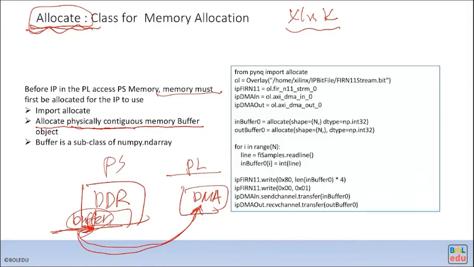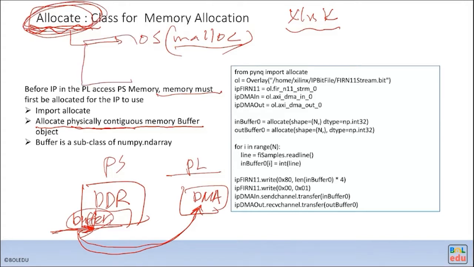That's why allocate cannot simply call the OS memory allocate, because directly calling the OS memory allocate doesn't guarantee the memory allocated is contiguous. So it has to allocate a big chunk of memory from the OS, and then it manages all the memory allocation by its own.